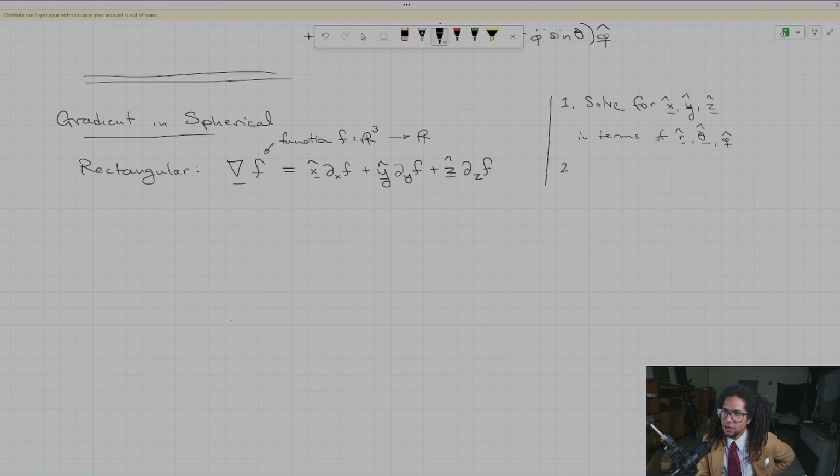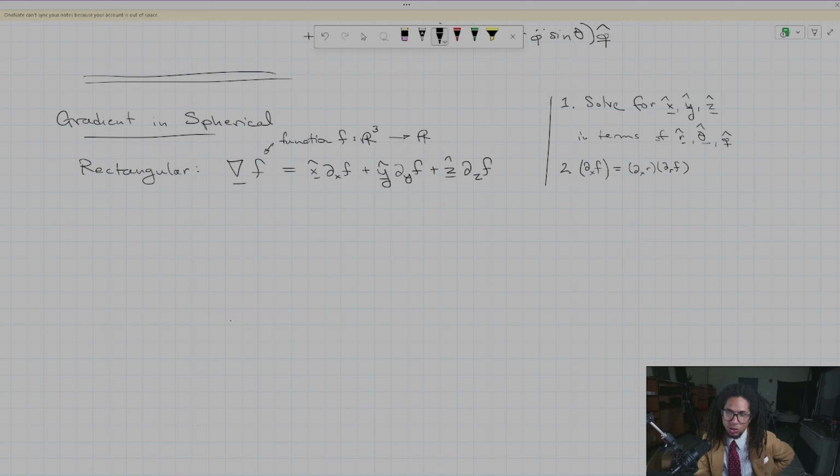The second is going to be to use the chain rule to figure out the partial derivatives. So I would like to express, for instance, partial x of f in terms of partial r, partial theta, and partial phi. So how would I do that? Well, the multidimensional chain rule tells me how. What I need to do is take partial x of r, partial r of f.